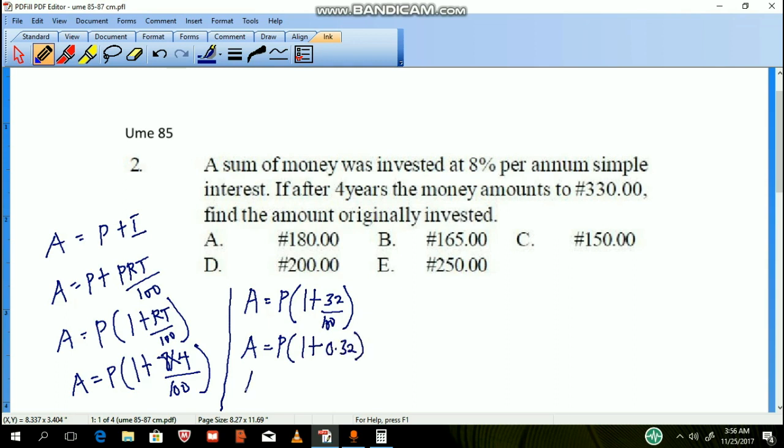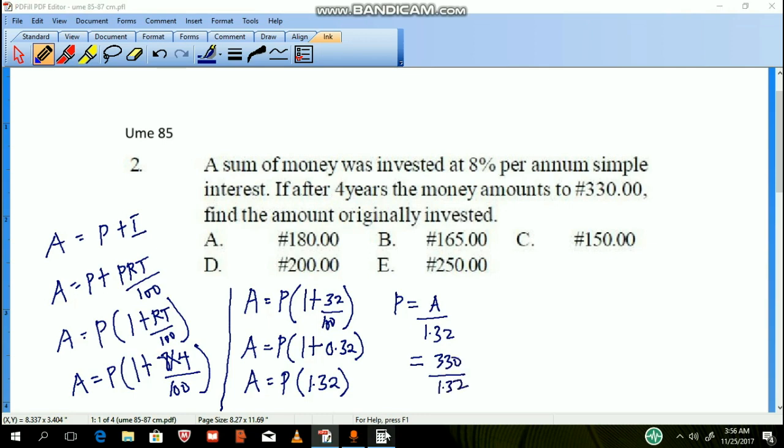Then I will have A equals P bracket 1 plus 0.32, that would be 1.32. So if I make P the subject of the formula, P will be equal to A over 1.32. And we've been told that the amount is 330. So 330 divided by 1.32.